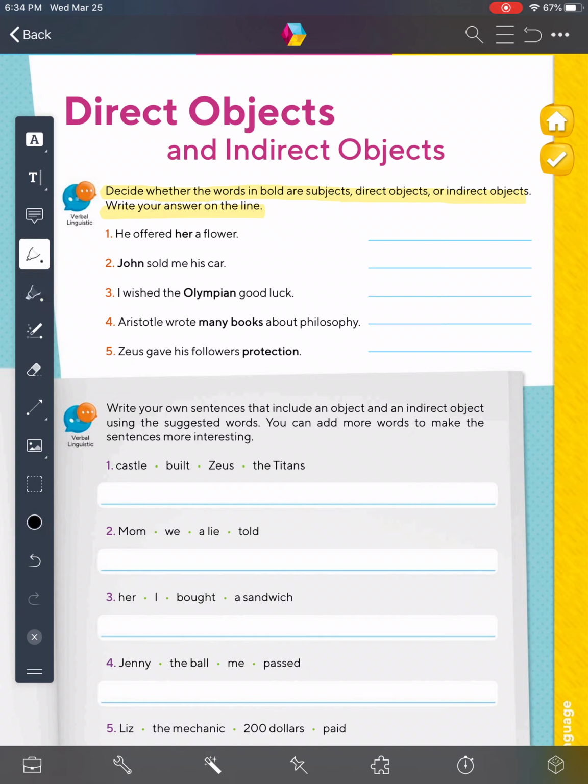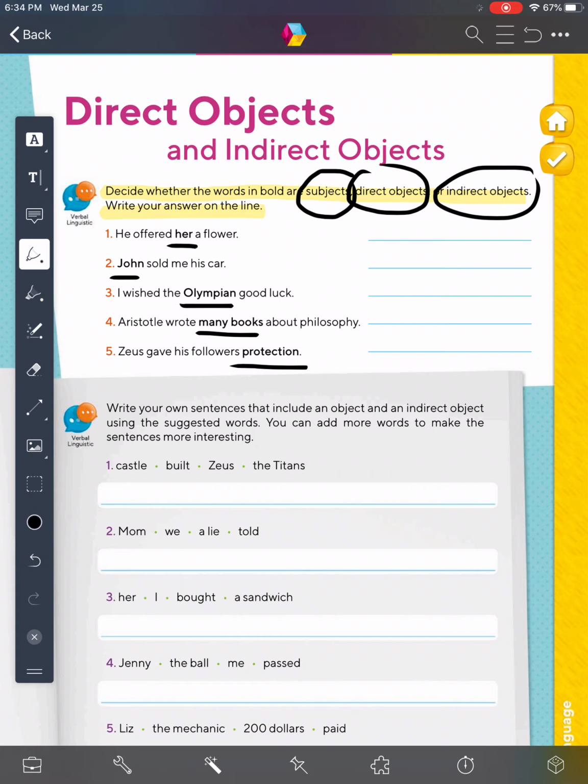So on each of these sentences, you have some words in bold letters. Hair, John, Olympian, many books, and protection. What you have to do is to identify if those words correspond to subjects, direct objects, or indirect objects.